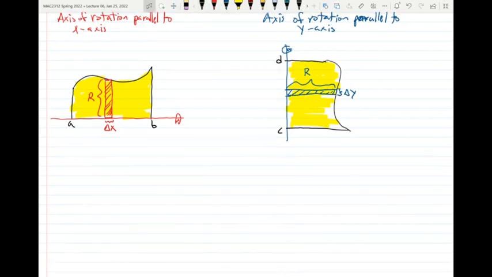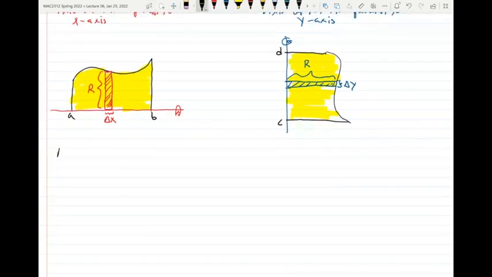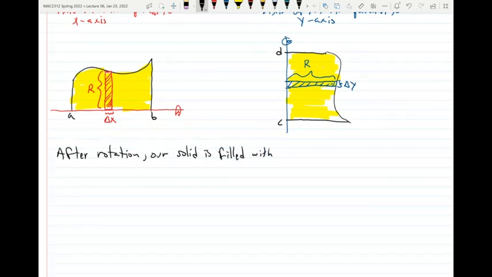Again, the idea is that in either of the two cases, after rotation, our solid is filled with disks, n of them, because we're going to have n rectangles.